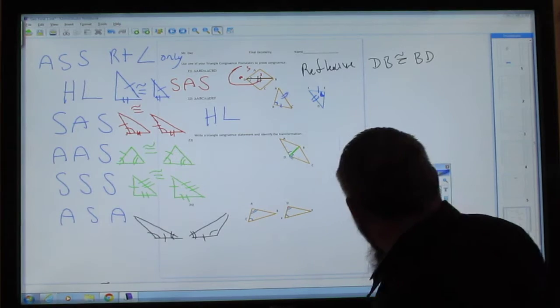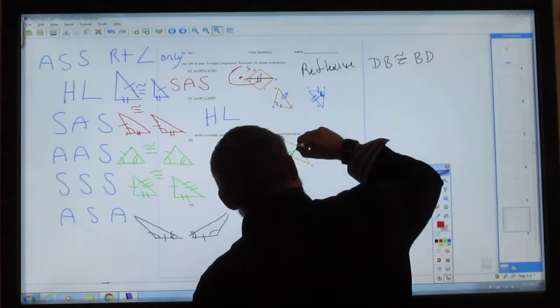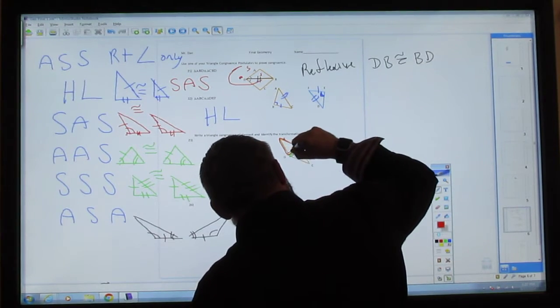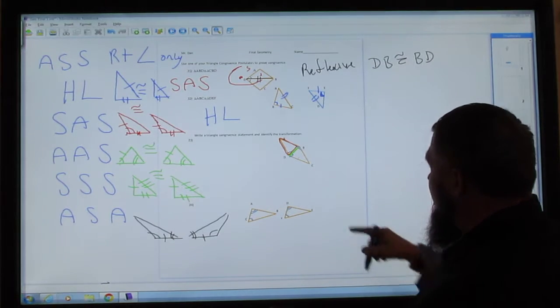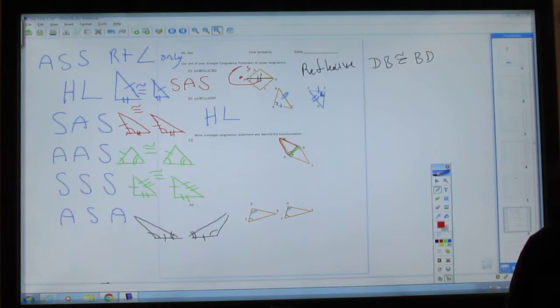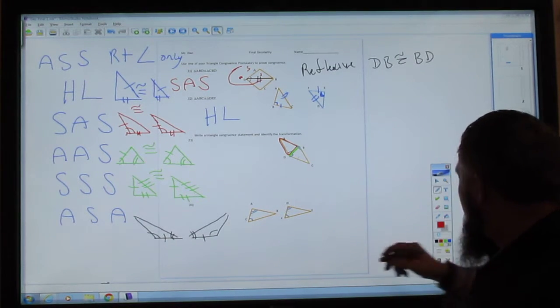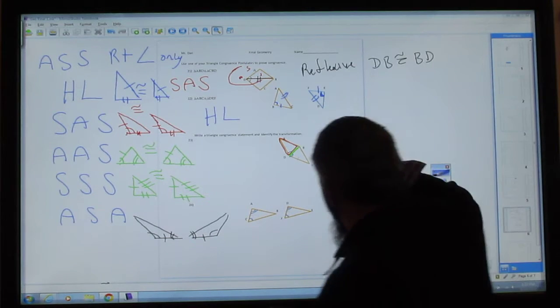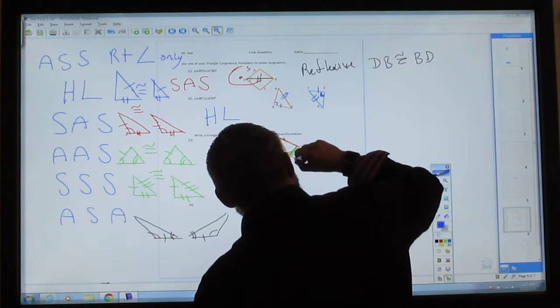But do you see it now? That this triangle shares this side with that triangle. Does that make sense? That the green is being shared between the red and the blue.